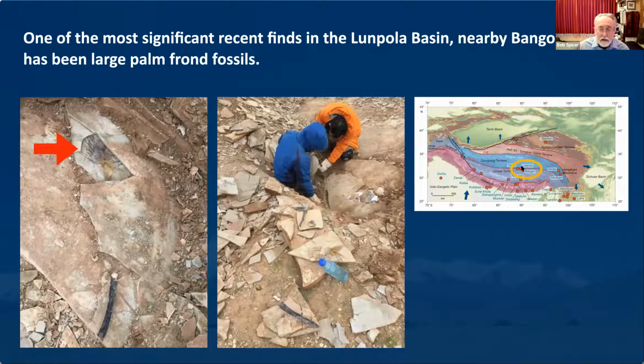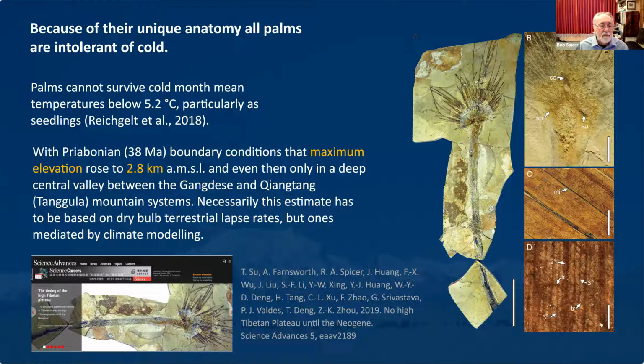And what we find here are these things: very large palm leaves. Now we know today that the biology of palms means that natural populations cannot survive a cold month mean below 5.2 degrees Celsius. Particularly, this is limiting to seedlings. And when we look at the thermal lapse rates for this, using a climate model, and the age of 38 million years, which is different to the one we published on.